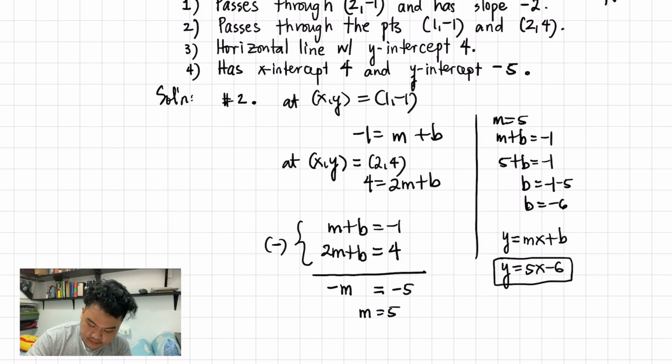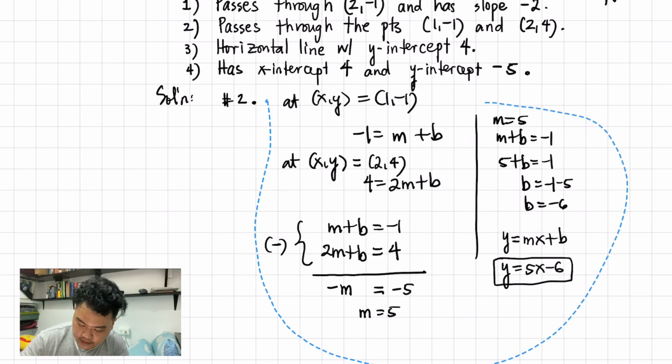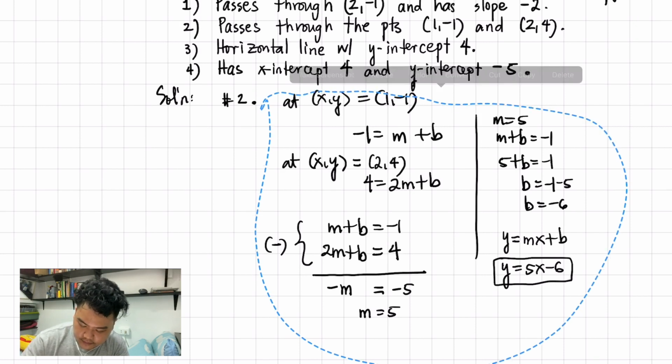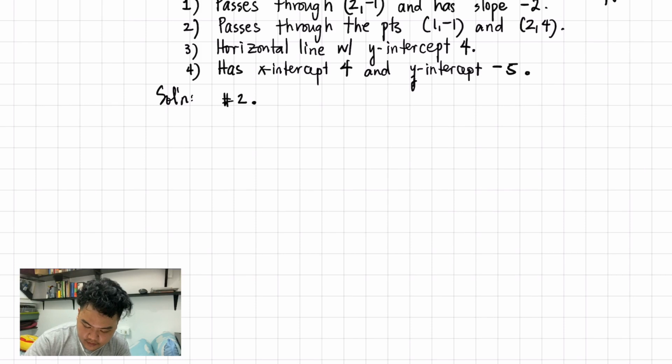Okay, number 3. Number 3 is very easy. So let me just erase this. So number 3, horizontal line, meaning the slope is 0 and the y-intercept is 4. So meaning b is 4.